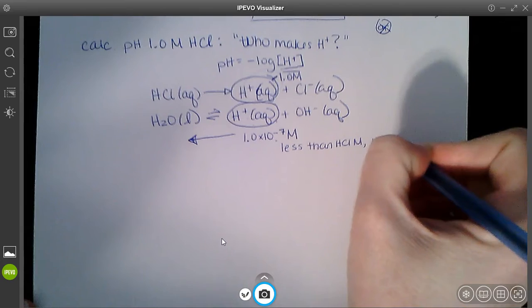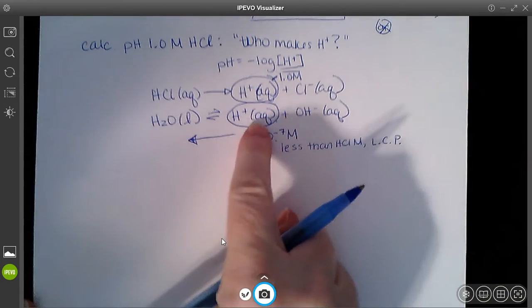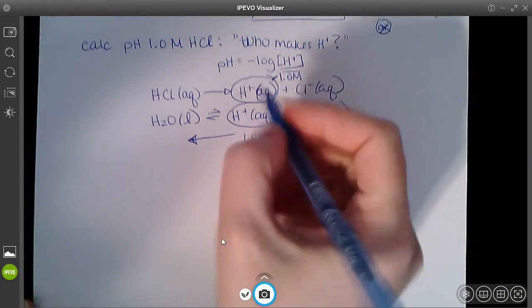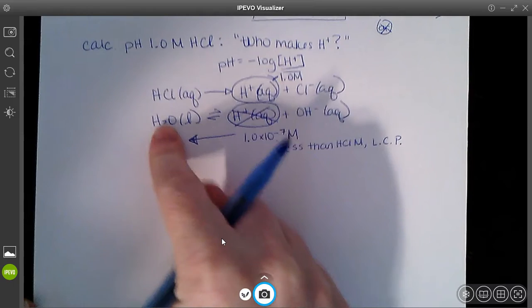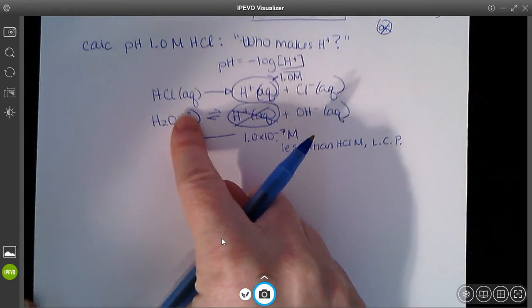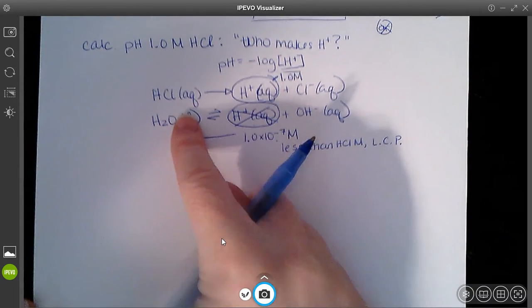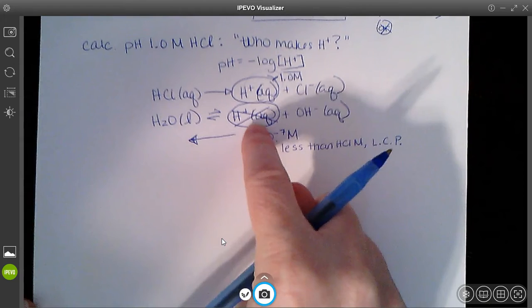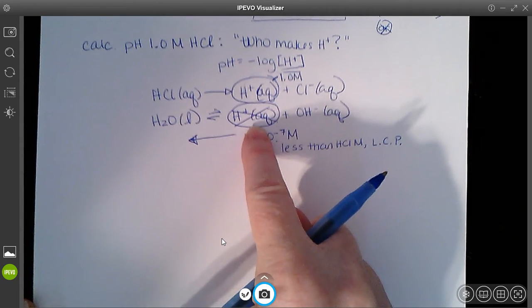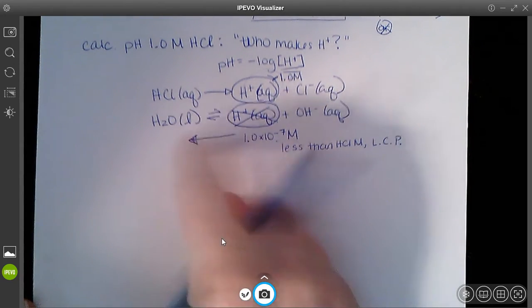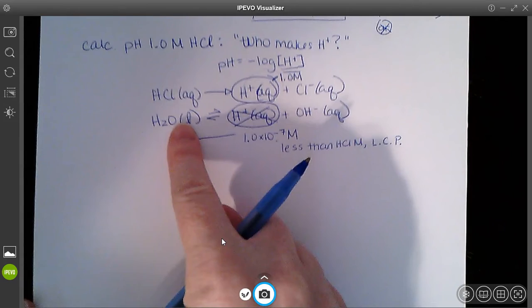Le Chatelier's principle is saying that this is extra stuff, so this will actually end up being a little less, and it'll push back towards the water. Because of that, we're not going to count this H plus towards the pH, because just as soon as it's made, it goes back, because you have so much H plus.